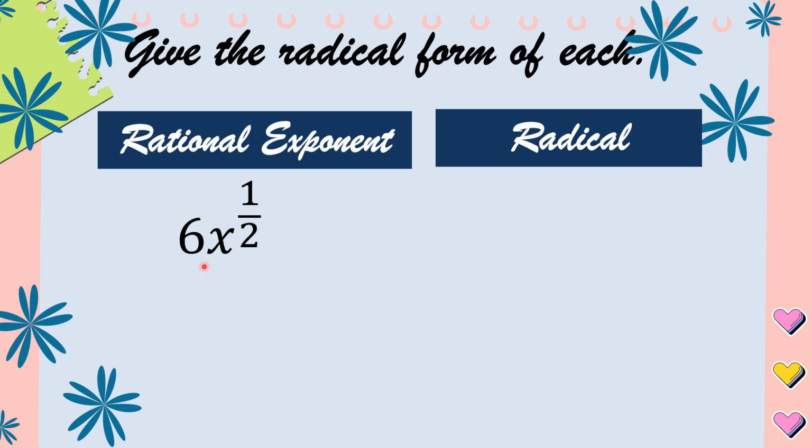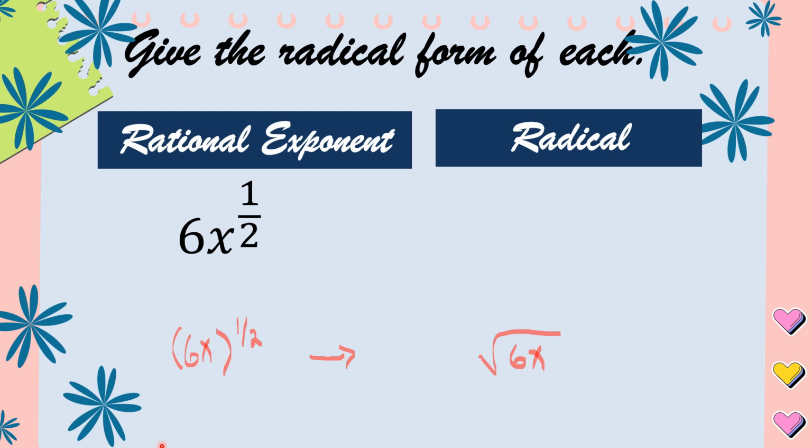Alright, this time the given is 6x raised to 1/2. So what's the difference between the quantity 6x raised to 1/2 and 6x raised to 1/2? Remember that the quantity is square root of 6x in radical form. How about 6x raised to 1/2? Remember that expressions that are raised to a rational exponent are the ones written in radical form.